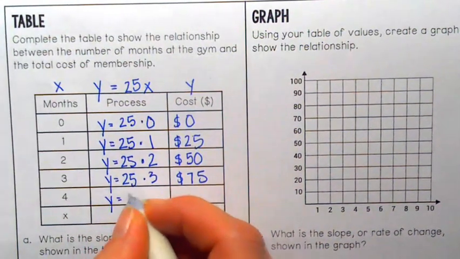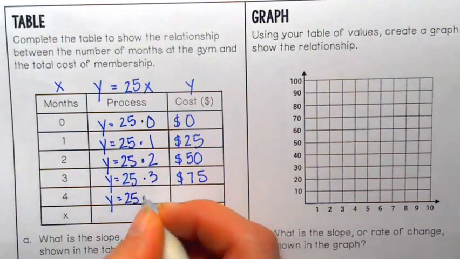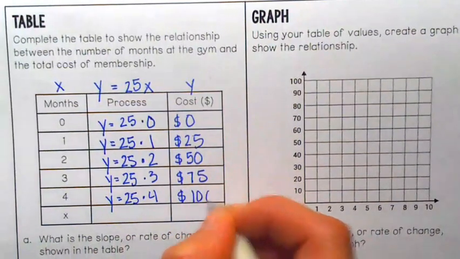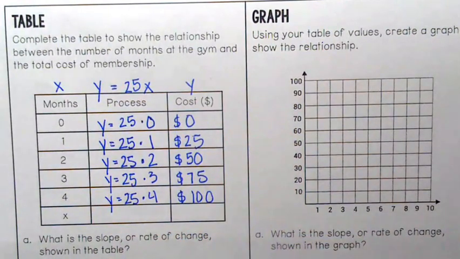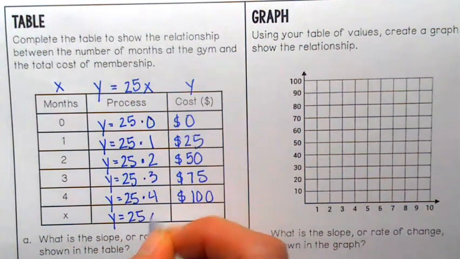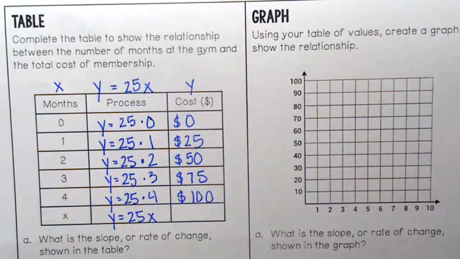Finally, 25 times 4, after 4 months, Hillary would have paid $100 for gym membership. So you're always taking Y equals 25 times however many months.